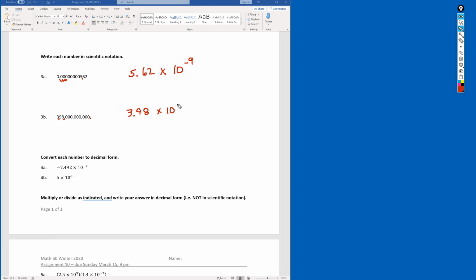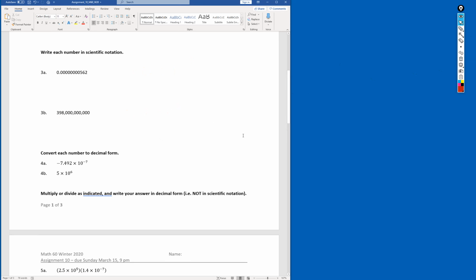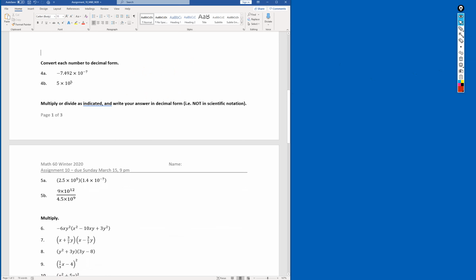Okay, 3.98 times 10 to the positive 11. All right, going to erase and move down. Okay. I think on these two, really nobody had any problems.